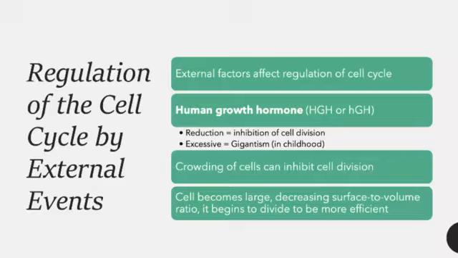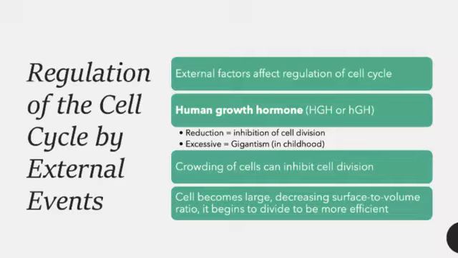Another external factor is cell crowding. When our cells become too densely packed, they send signals to stop dividing, and this prevents uncontrolled growth and helps tissues maintain the right size and shape. Lastly, the size of the cell itself can act as a trigger.